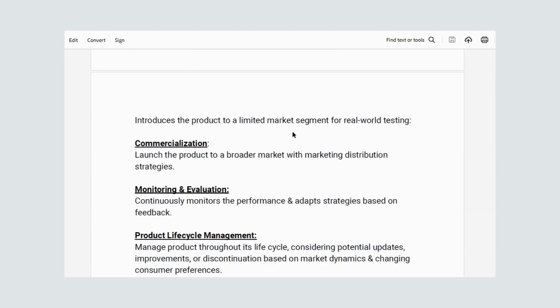After that, what we do is commercialization. In this, we launch the product to a broader market where we use different marketing and distribution strategies. After commercialization, we do the monitoring and evaluation of the product. We continuously monitor the performance, and we adapt the strategies based on the feedback we get from the consumers.